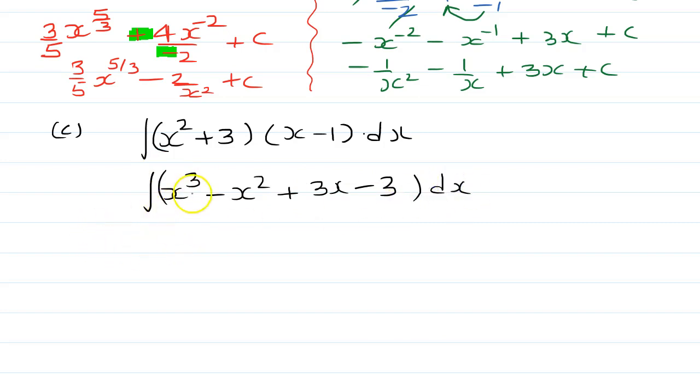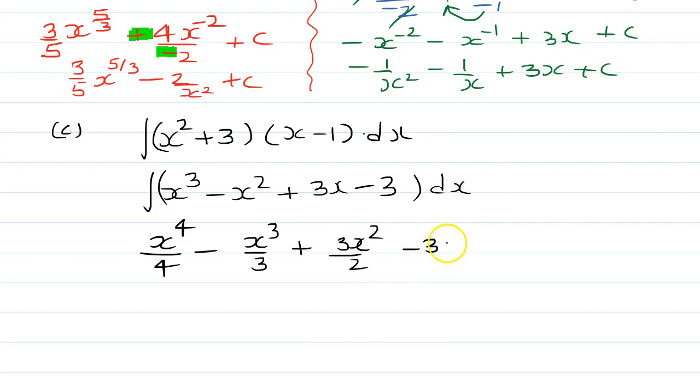Once we integrate x to the power 3, it will be x to the power 4 over 4, minus x cubed over 3, plus 3 x squared over 2, and minus 3x, and plus constant c. So this will be your answer. Let's see a couple of more questions.